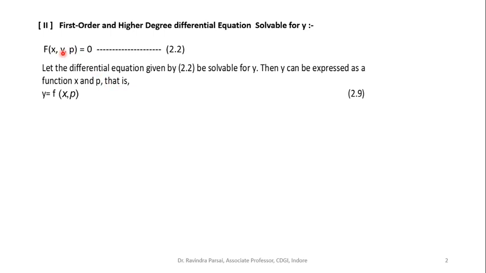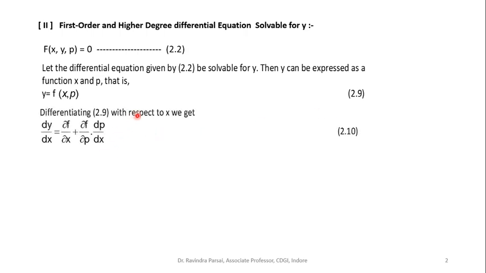That is, from this equation 2.2, if you are able to separate y in terms of x and p, it means that this type of equation is solvable for y. So we write this in continuation as equation 2.9.